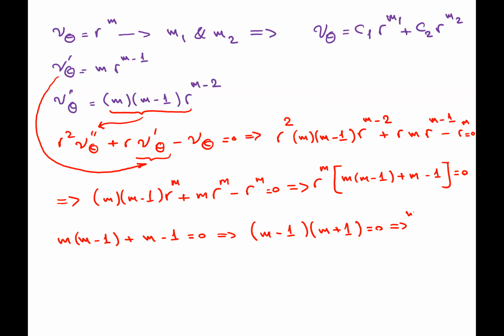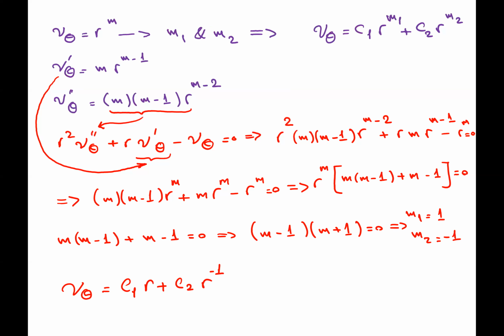Therefore, M1 is 1, and M2 is minus 1, okay? And then from here you can say V theta, which is velocity, and this is what we are after, is C1 R plus C2 R to the power of minus 1.